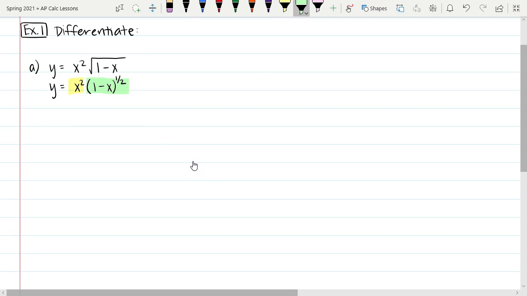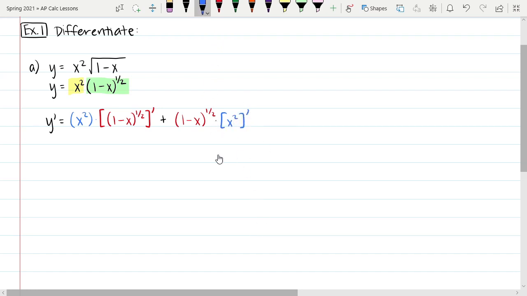And because its overall form is a product, to find the derivative we should be using the product rule. So y prime equals, as you know, the product rule is the first times the derivative of the second, plus the second times the derivative of the first.